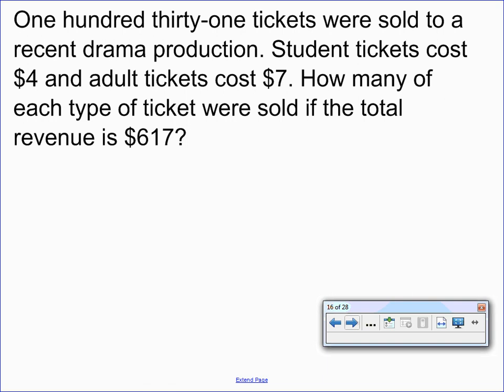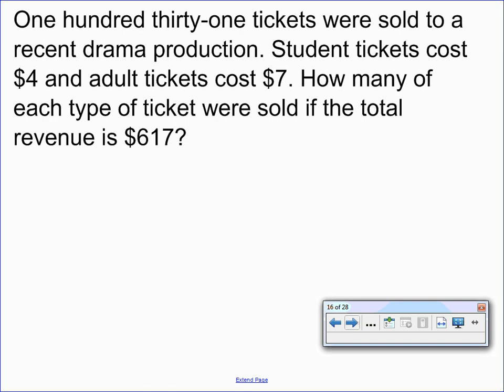131 tickets were sold at a recent drama production. Student tickets cost $4 and adult tickets cost $7. How many of each type of ticket were sold if the total revenue is $617? This is a classic example of when I would use systems as a problem-solving strategy. I've got some different information here. At the end of the day, I need to determine how many student tickets were sold and how many adult tickets were sold.